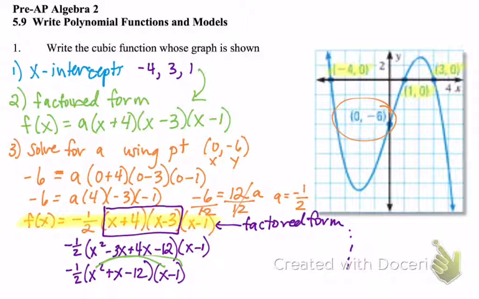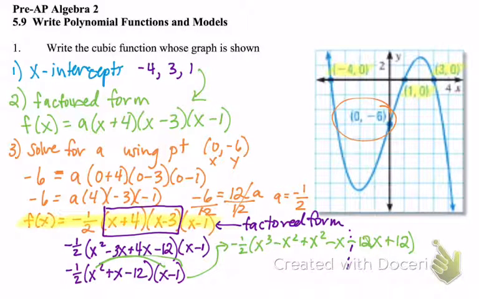So I'm going to come up here, -1/2 times x cubed minus x squared plus x squared minus x minus 12x plus 12.